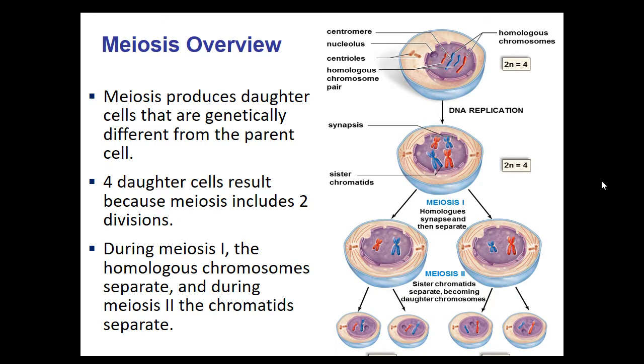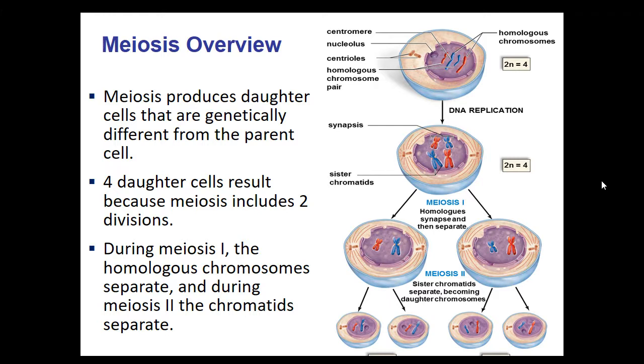So that's just with 2, not counting crossing over. Just the fact that any combination of these chromosomes could end up in these daughter cells could result in 4 possible different sperm or eggs that one person could produce.